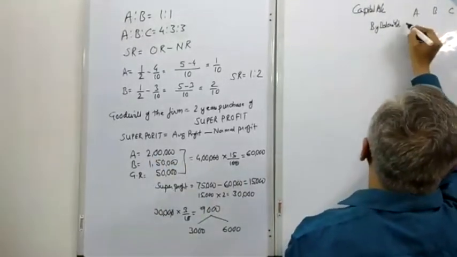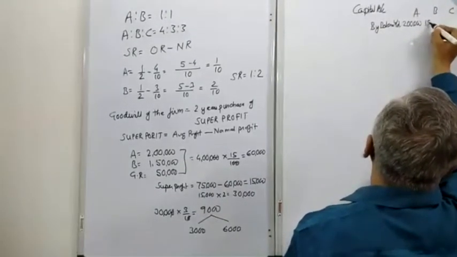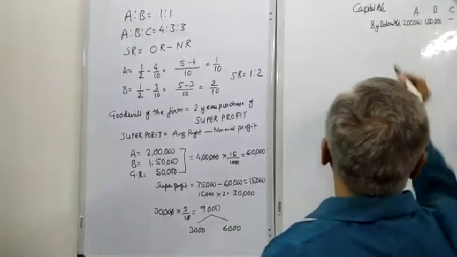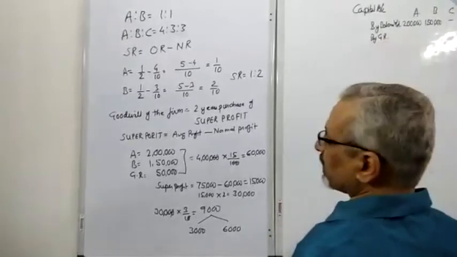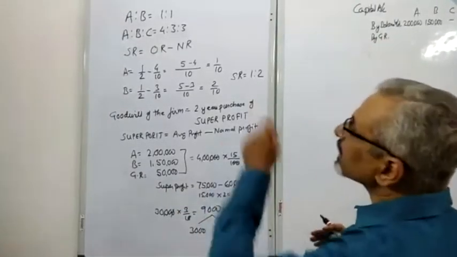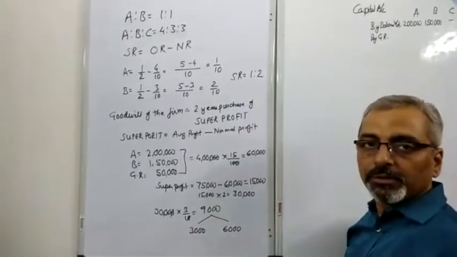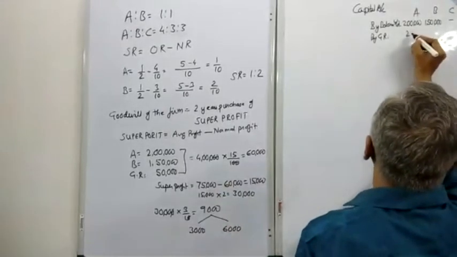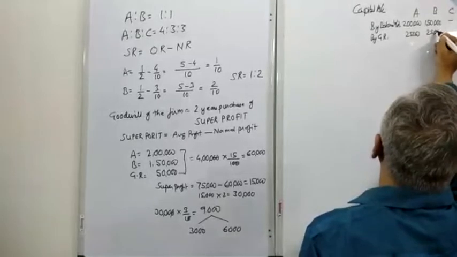We have three partners A, B and C, and the capital of the first partner A is 2 lakh, the second partner's capital is 1,50,000 and this is the new partner. The information given to us is a general reserve of 50,000, and since nothing has been said about the profit sharing ratio, it will be treated as equal and we will distribute it as 25,000 to the first partner and 25,000 to the second partner.